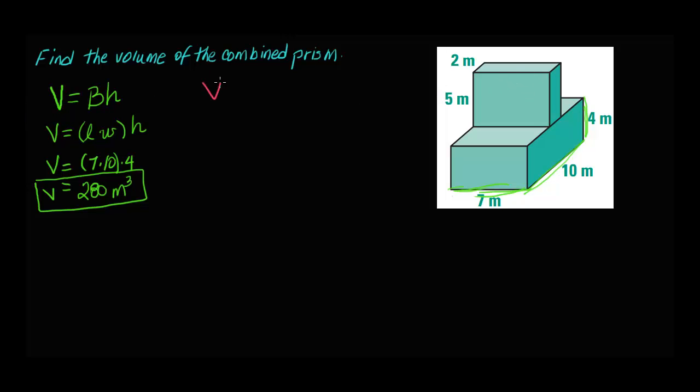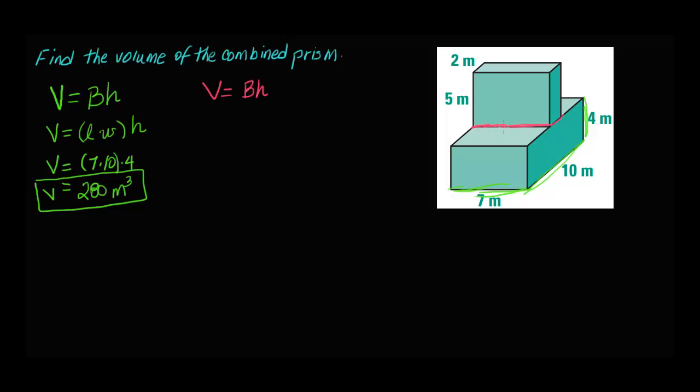For the volume of the box that's on top, again, we need the area of the base. Now the base of this box is this length here times this width right here. Do I know those two measures? Yes, I do. This length here, remember, I'm going to use the base as the part of the box that's sitting on that base.